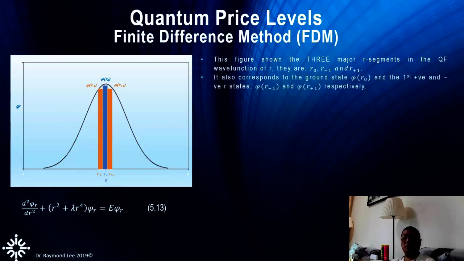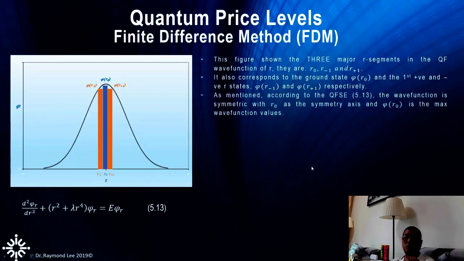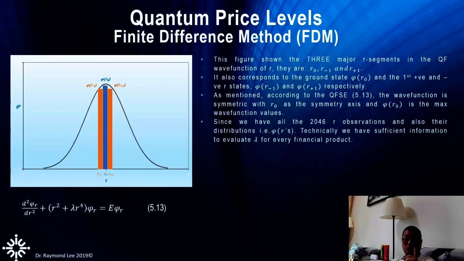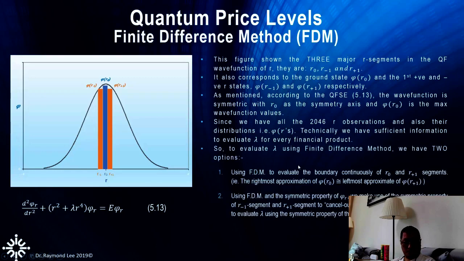They correspond to the ground state and the first right hand side and left hand side R states, two particular directions. As mentioned, according to the Schrödinger equation, they are symmetric in some sense at the central part, only at that part, and the KE is equal to 0. Since we have all these 2,000 Ks of oscillation and the R, of course we can calculate the slope.